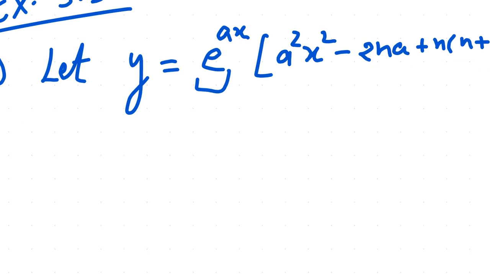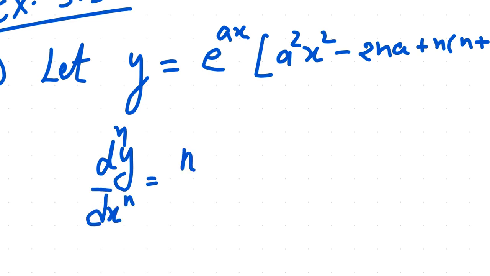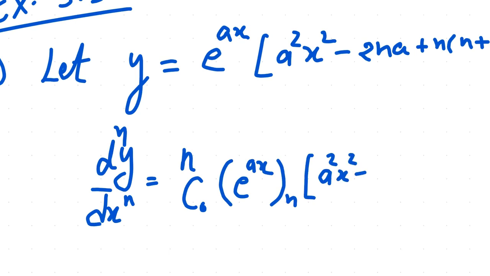So the nth order derivative of y is equal to nC0, and we are taking e to the power ax, meaning the nth order derivative of this, and v let us take as such, plus nC1.